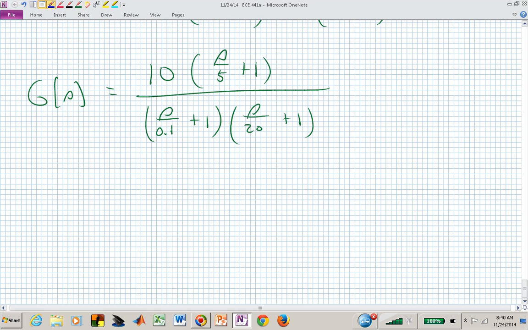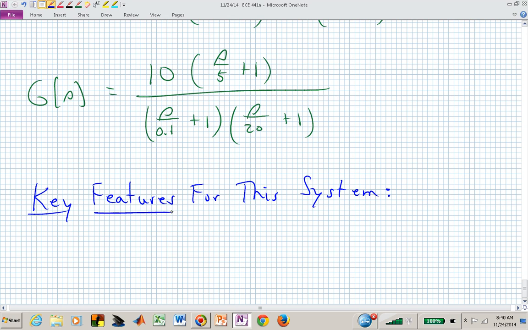From this particular system, before I even start sketching a Bode plot, a lot of times I like to see what are some key ingredients or key properties or key features for the particular system that I'm trying to sketch its Bode plot for.